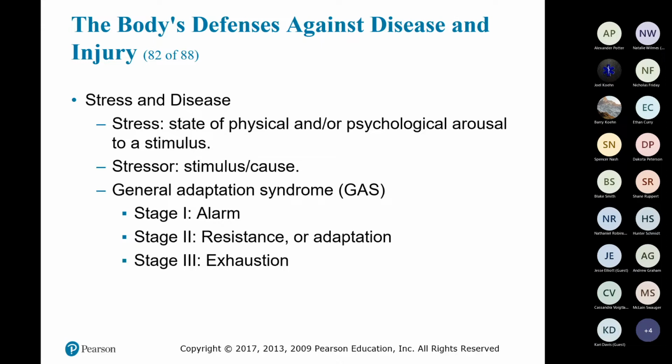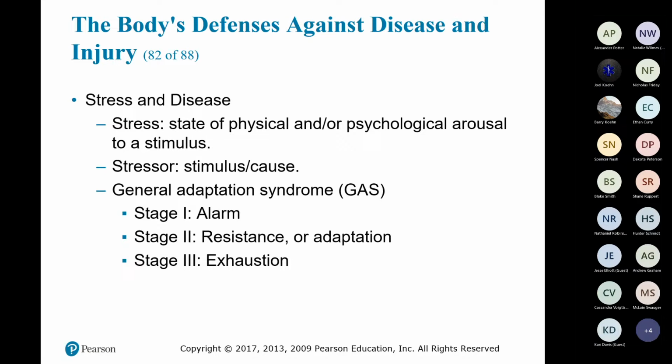We have something called general adaptation syndrome, or GAS. This was actually found on accident. Somebody that was studying something else came across this for some reason, but realized this is how our body reacts to stress.